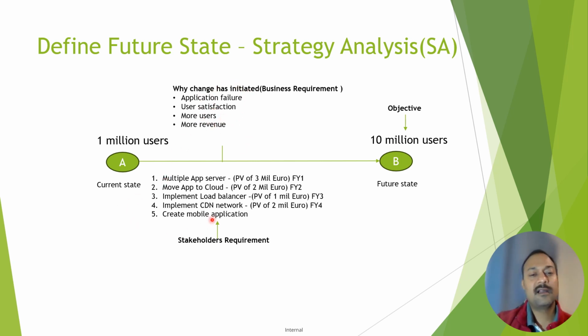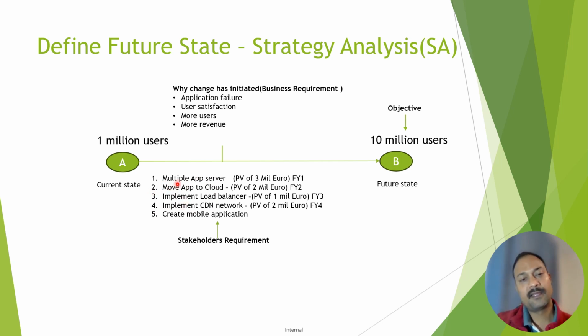Then there are the stakeholder requirements, which are derived from the business requirement itself. We will talk about those relationships in our upcoming slides when we talk about requirements and the types of requirements. Now, to reach 10 million users, the different stakeholders give different inputs and recommendations.